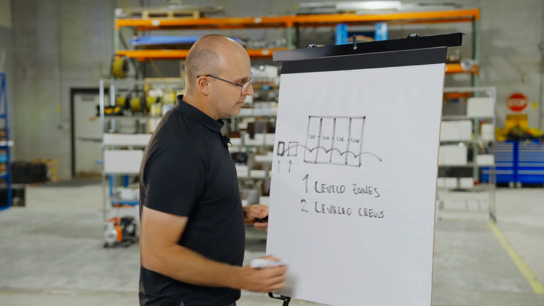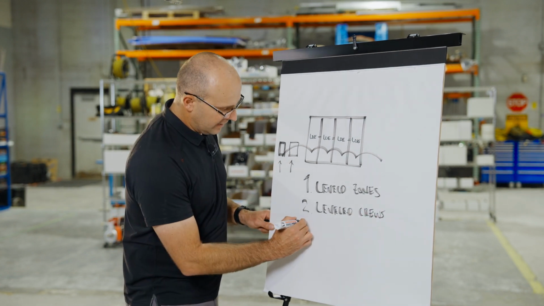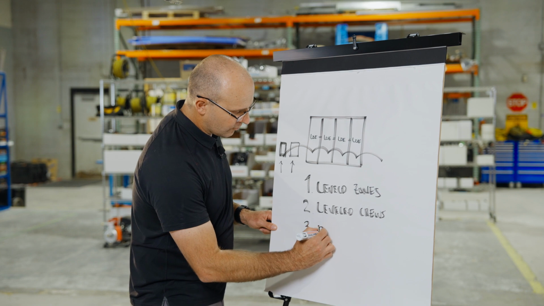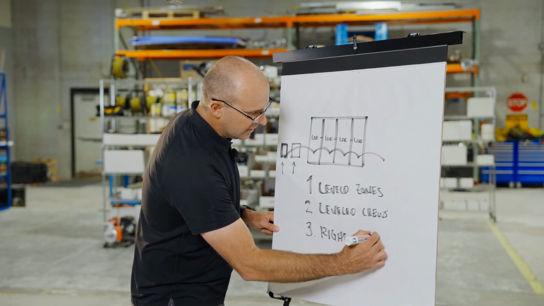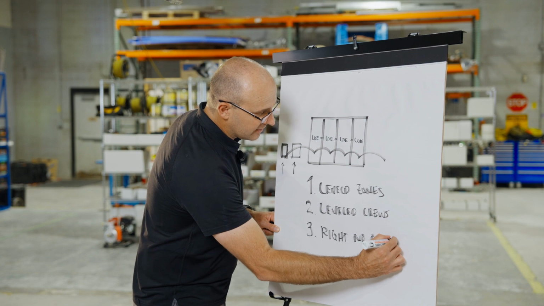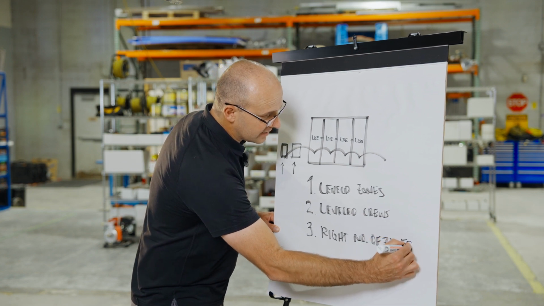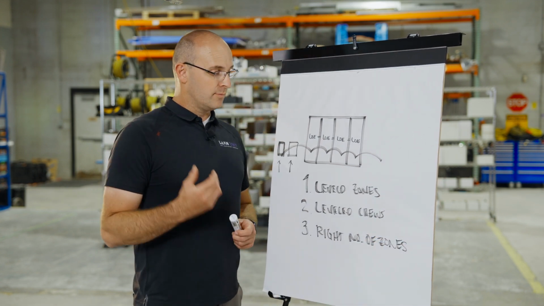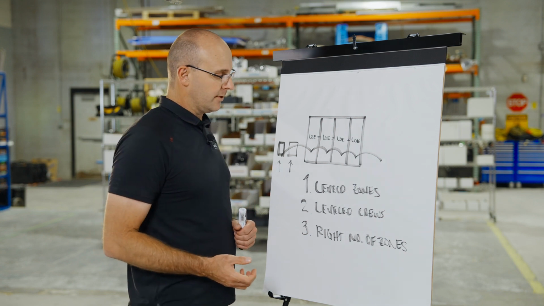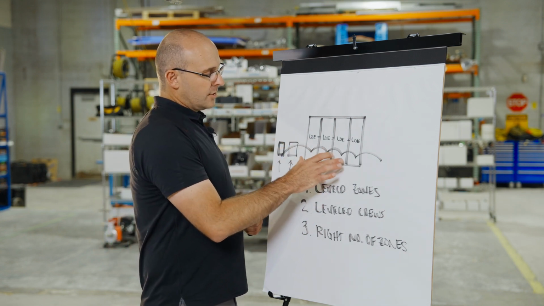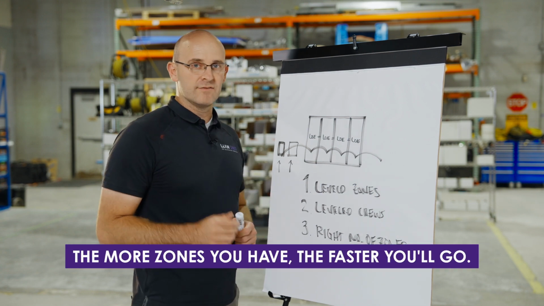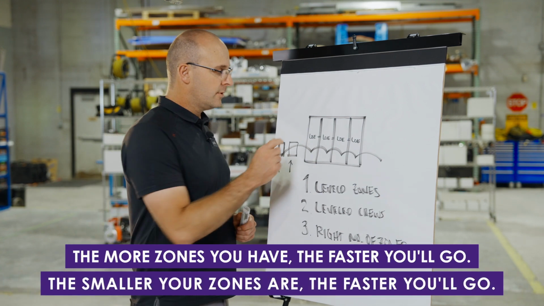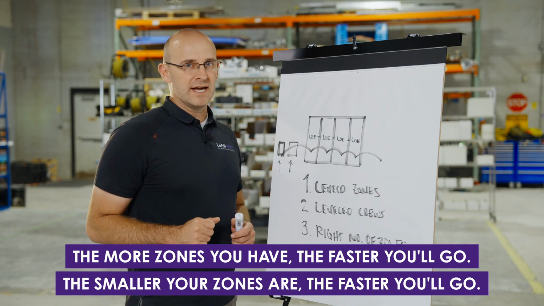The other thing that we must do to make sure that we're flowing is we have to have the right number of zones. So I'm going to tell you something that's really hard to understand until you actually model it from a mathematical standpoint. Let's just take this 40,000 square feet: the more zones you have, the faster you'll go. The smaller your zone size is, the faster you'll go.